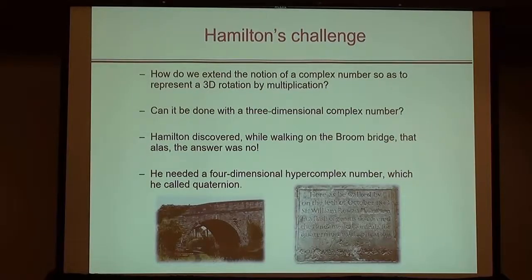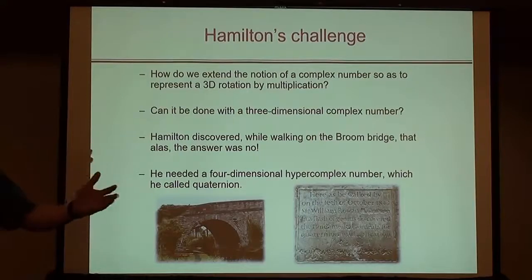So the only way he could make it work is to start with a number with four components. That's why I call it quaternions. Then a complex number with four components, if you multiply by another one of the same kind, will also give you a complex number of four components.